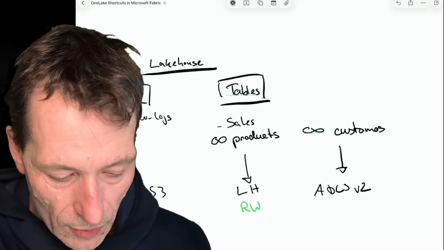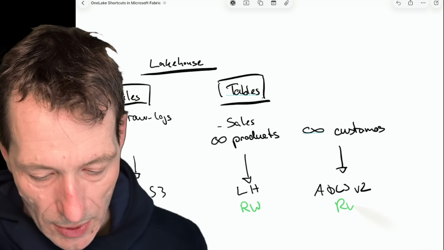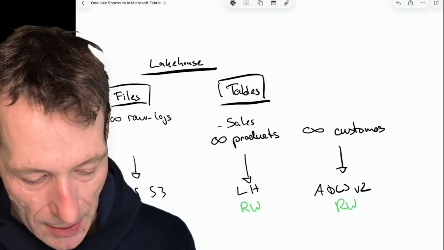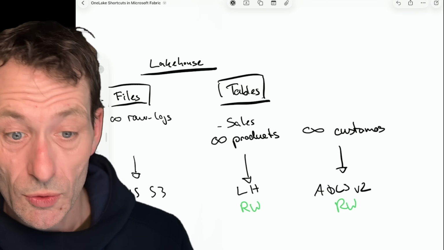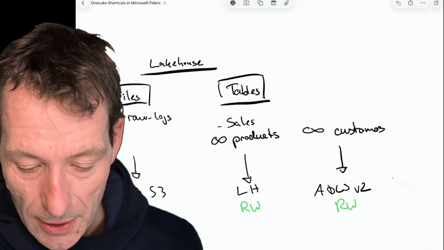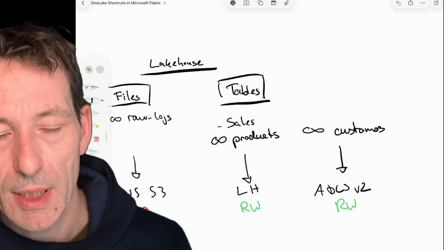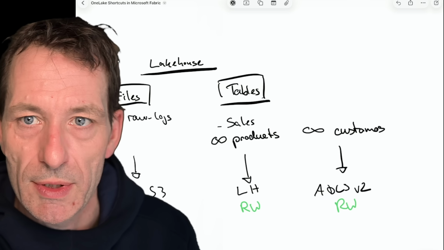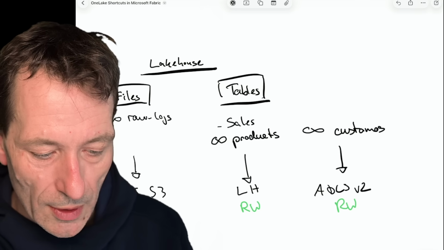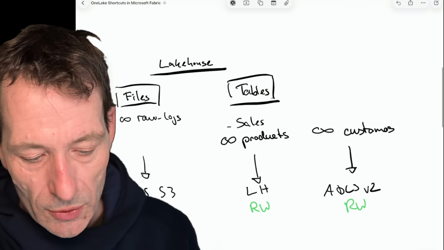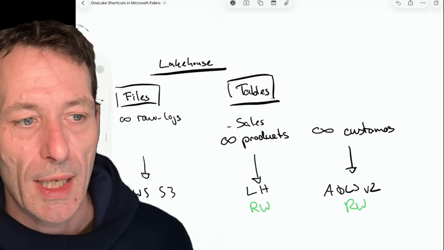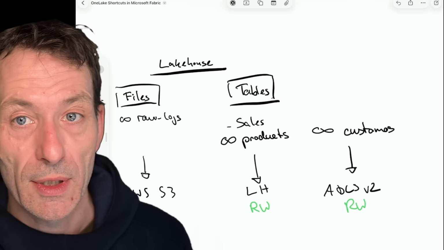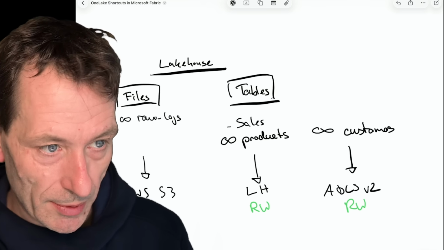This is read-write because it's internal storage, which means same authentication scheme, right? But to get that as a table, it needs to be parked directly. We will come on that later. But you cannot put anything, I don't know, CSV, JSON or something like that into the tables folder. You could put it in the files folder, no problem. And then use something like a conversion notebook to bring that up to a table.